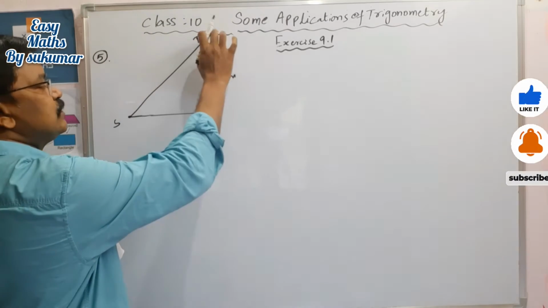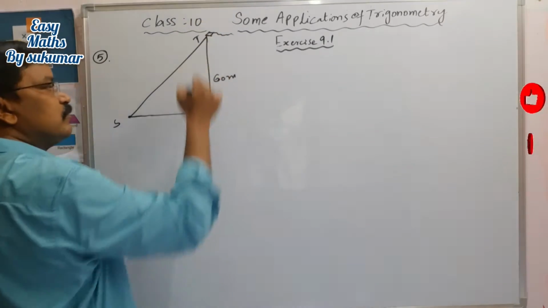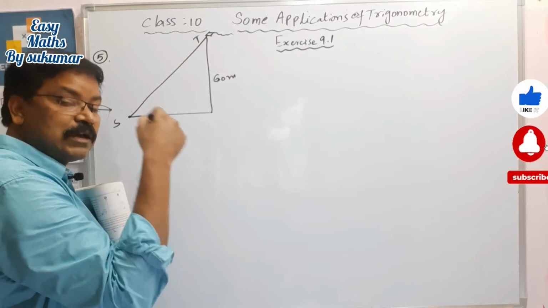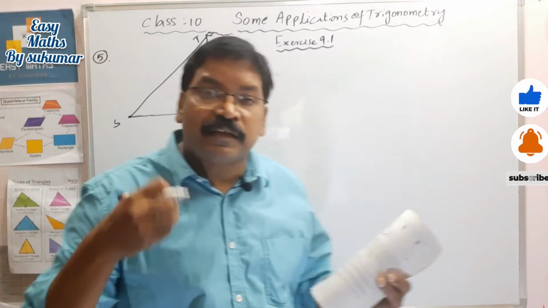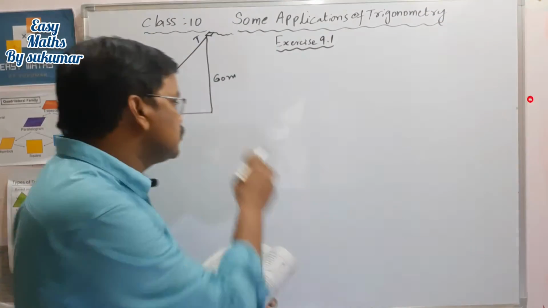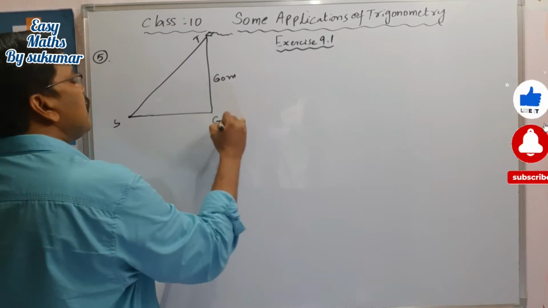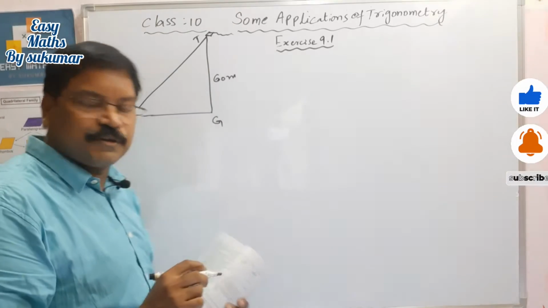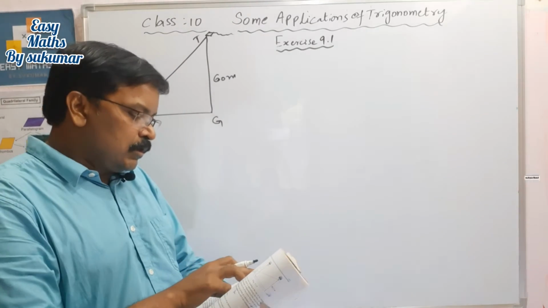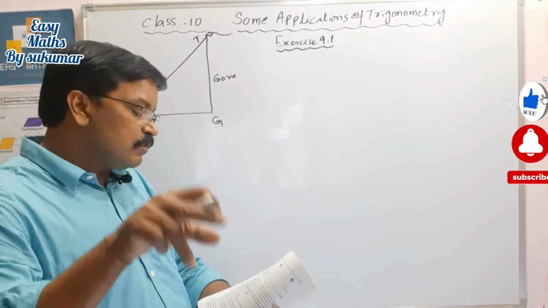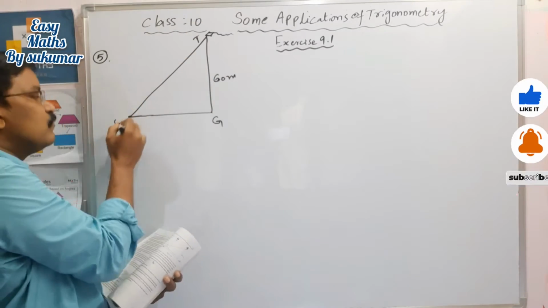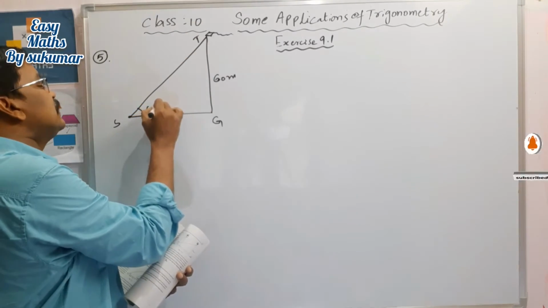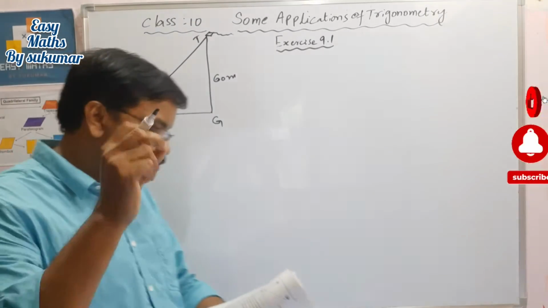This is the kite, flying at a height of 60 meters from this ground. Just imagine SG is the ground. The inclination of the string with the ground is 60 degrees. This angle is 60 degrees.